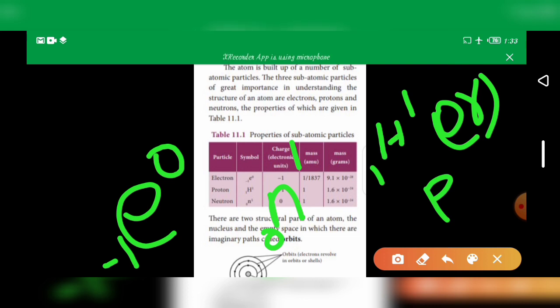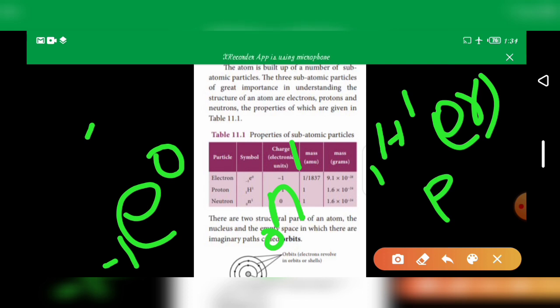So the atom's center consists of proton and neutron. So there is only positive charge, the neutron does not have any charge, and the electron revolves around the nucleus. Each and every atom consists of an equal number of electrons and protons, so the particle will be stable.